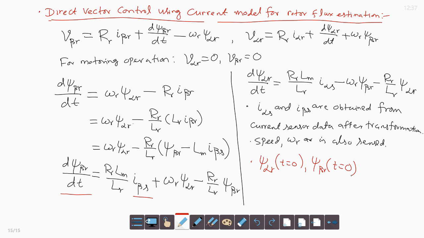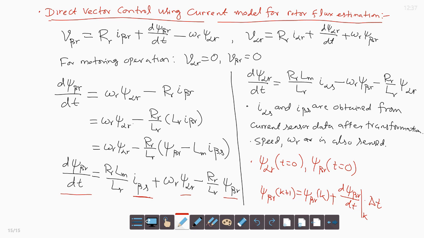We have the I beta s, and using this equation we get d psi beta R by dt and update psi beta R: psi beta R at k plus 1 is psi beta R at k plus d psi beta R by dt at the kth time into delta t.